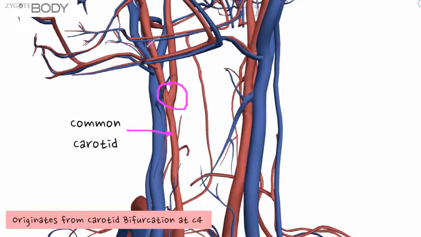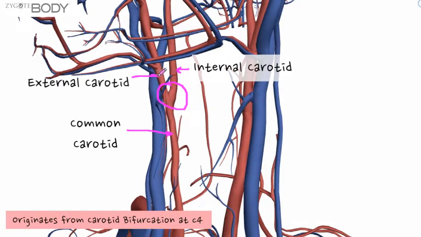When the common carotid bifurcates, it gives us the internal carotid, which is what you see here, and on the outermost part is the external carotid here.